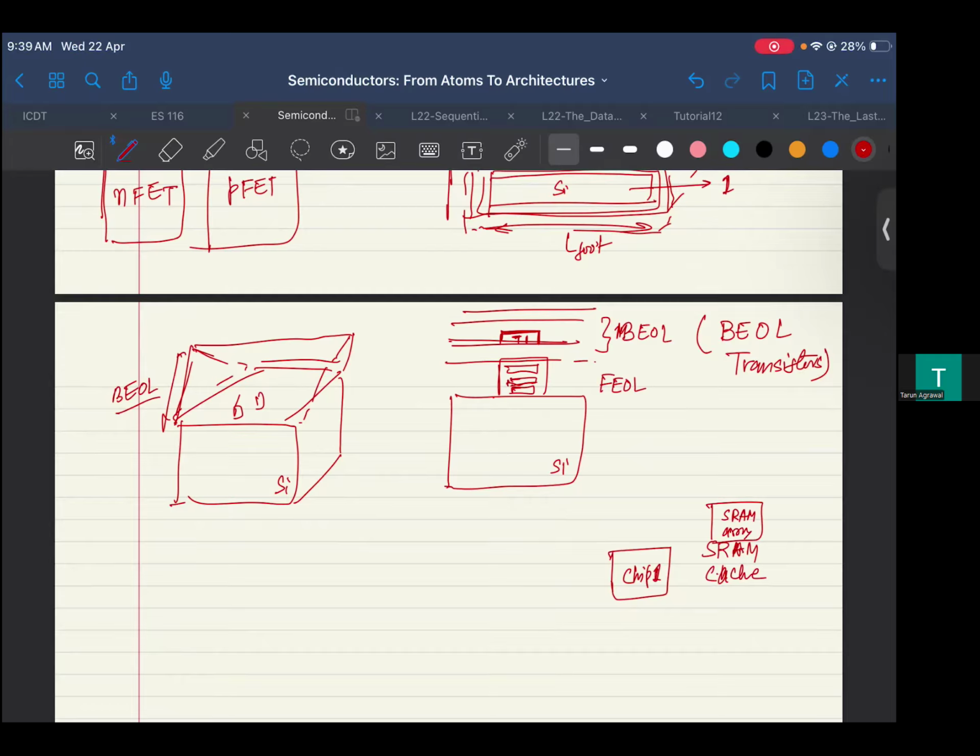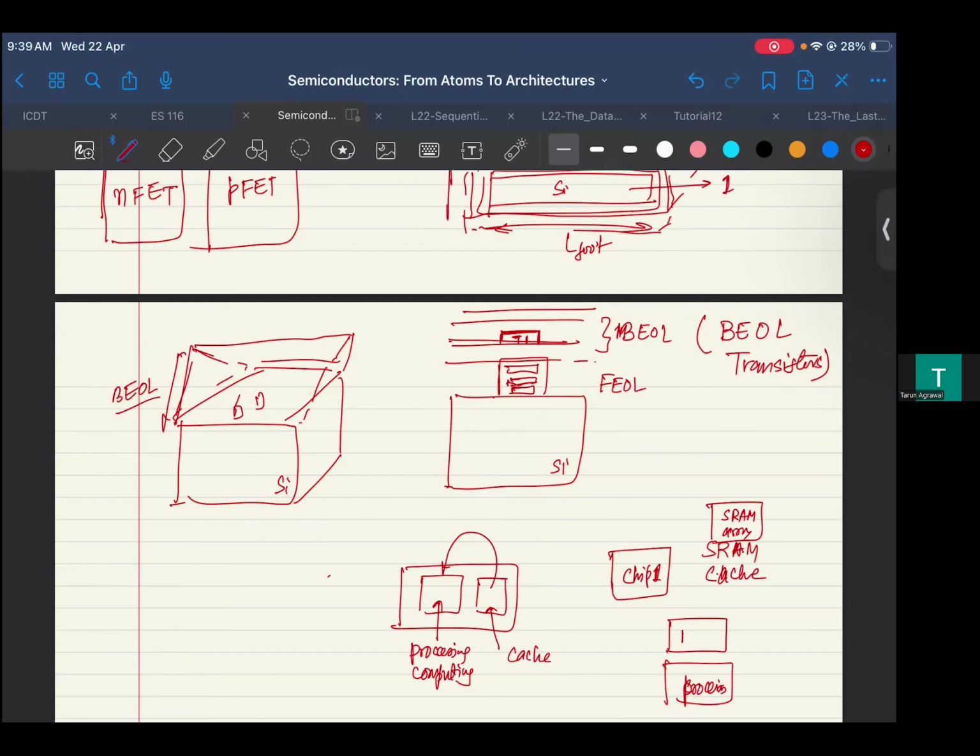Now the question is, when we put the cache, one way would be that you put your processing or computing elements here, and the other is you put your memory or cache here. And you say, if there's a possibility, why not put them on top of each other, so that the processing is here and memory is here, and the interconnects which go from this to this are reduced?